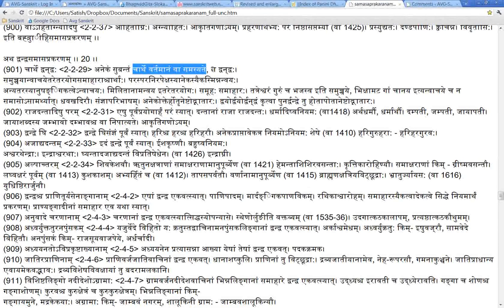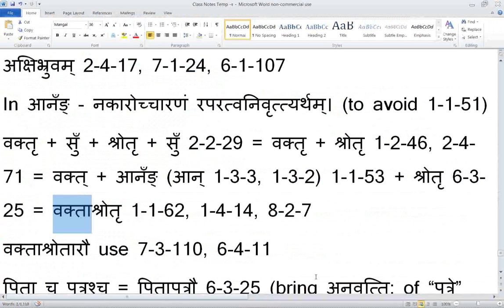After this Anangadesha, you are talking about the Aptantrich sutra called Upadadita. My confusion there is why not Sarvanamasthane cha sambuddha for Upadadita?